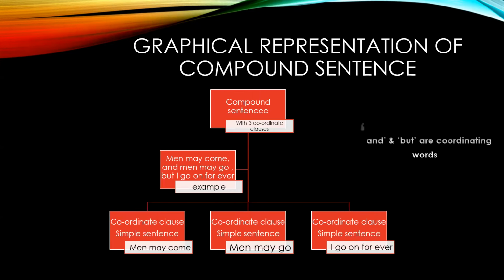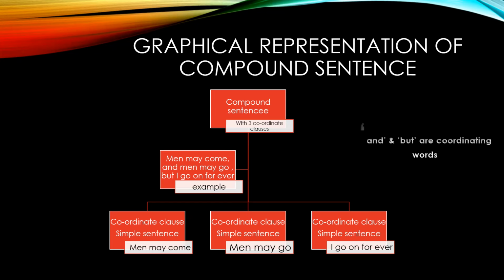Now let us look at the graphical representation of a compound sentence which has three coordinate clauses. "Men may come and men may go, but I go on forever." This is a very famous one from the poem "The Brook", which I have taken as an example. Here, "men may come" is a simple sentence, a coordinate clause. "Men may go" is a simple sentence, that is a principal clause.